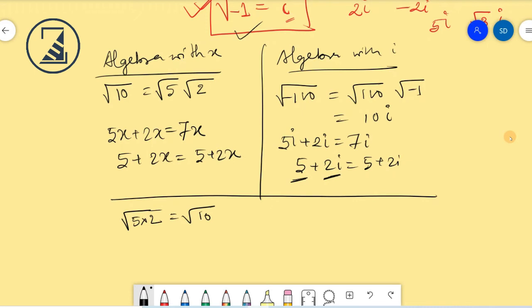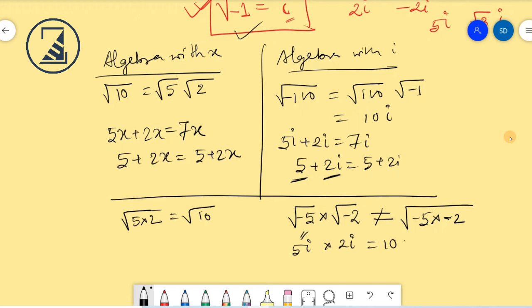But when we do algebra with i, this kind of problem comes. Square root of 5 multiplied by square root of minus 2, we cannot write this as square root of minus 5 multiplied by minus 2. This we can't do, because this is nothing but root 5 i and this is nothing but root 2 i. So this is nothing but root 10 i squared, which is minus root 10.